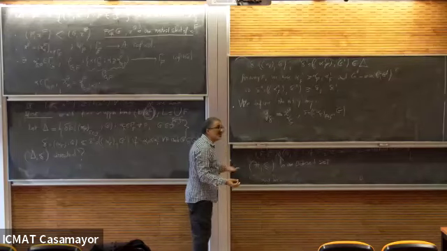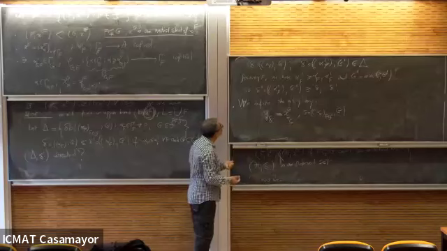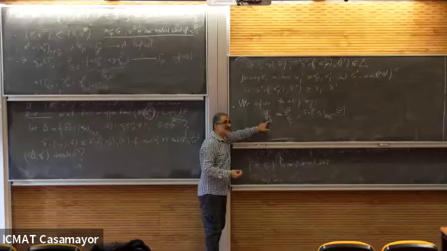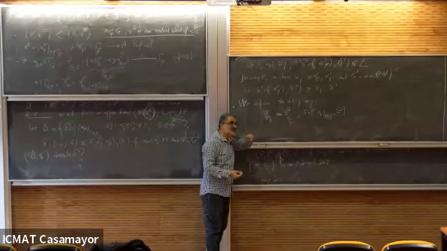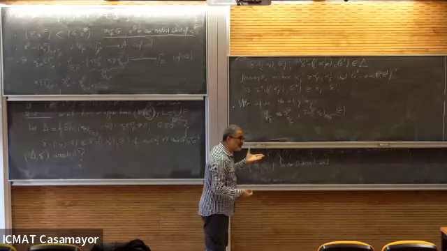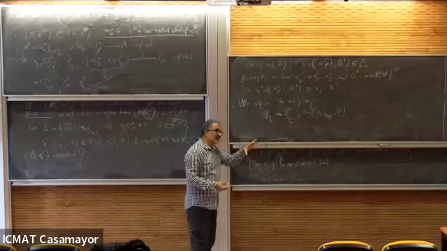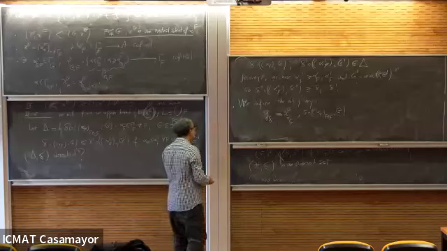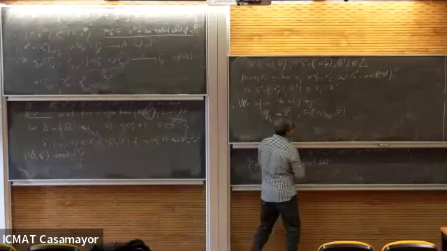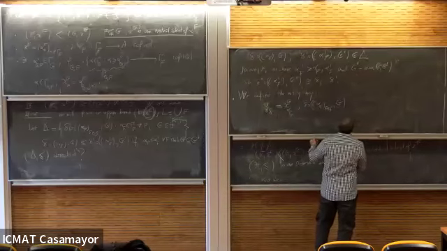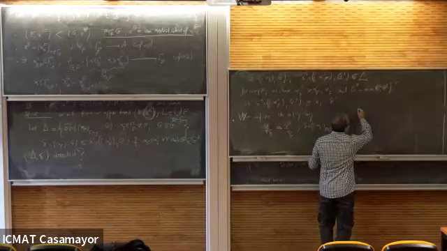And I will show, like for the previous proof, two things: that this net is an eventual subnet of every x alpha, and is a subnet of the initial net. Can I use this part? Yes, yes.